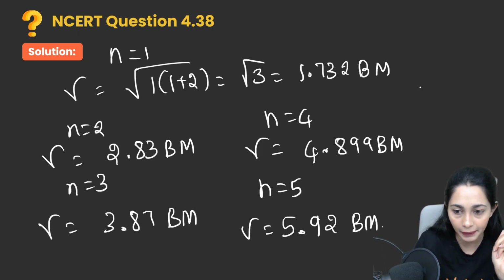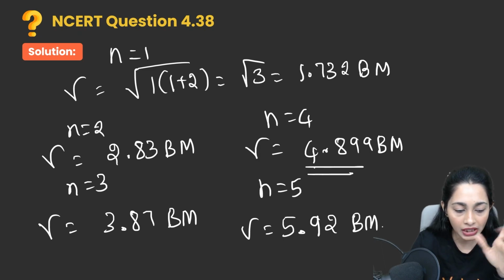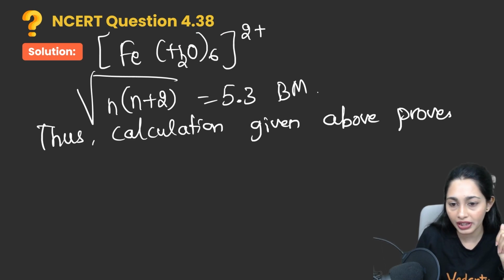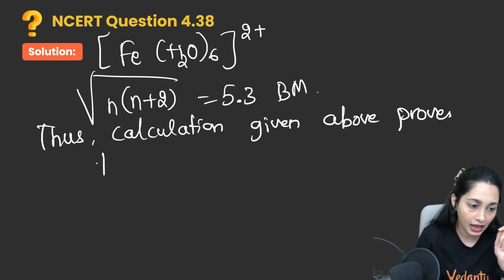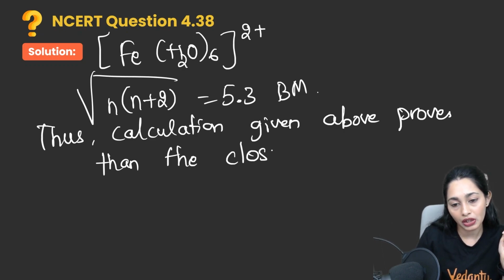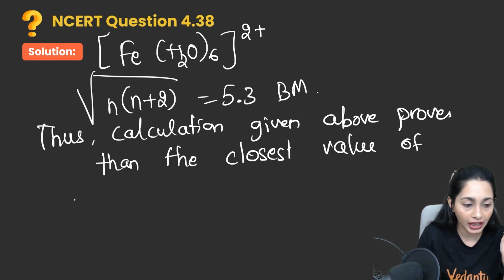Let's go back. Let's see. So where is it? So this could be the nearest, closest value, right? Yeah. So n must be 4. Okay, n is equal to 4. The calculation given above proves that the closest value of n is equal to 4.